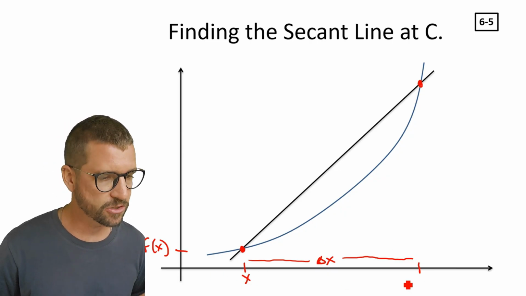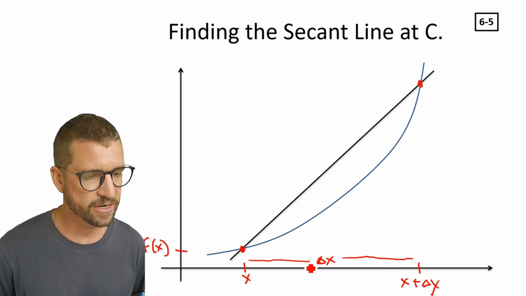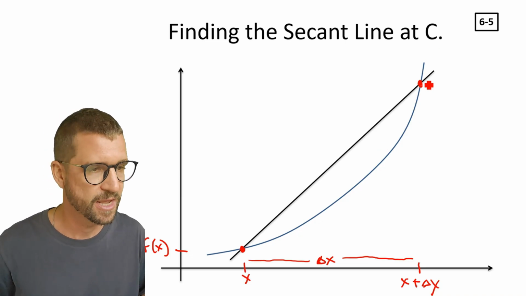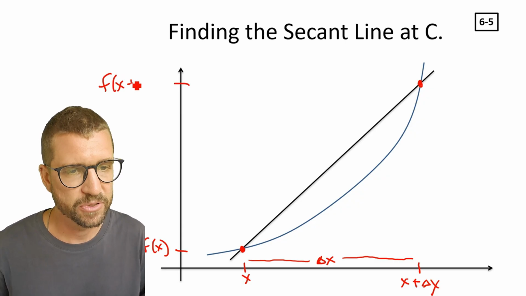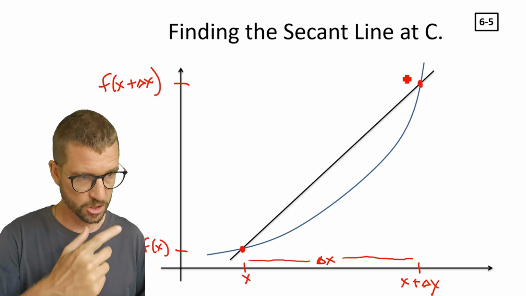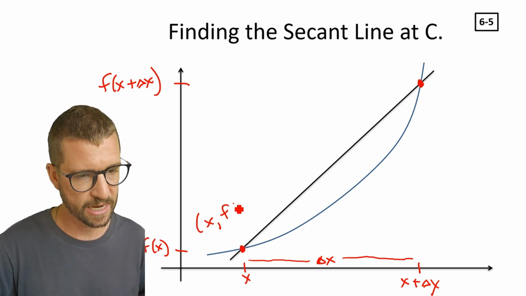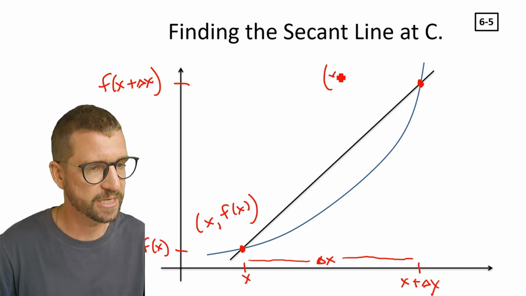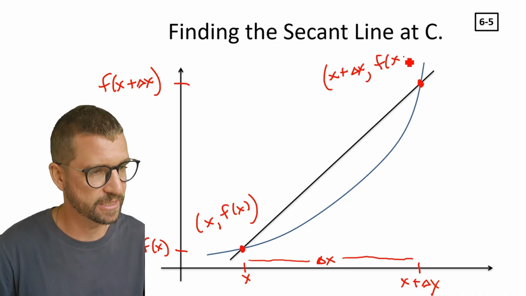So the x value is x plus delta x, because from 0 to here is x, and from here to here is delta x. And the y value here will be f of x plus delta x. So this point here is (x, f of x), and this point has x value x plus delta x and y value f of x plus delta x.